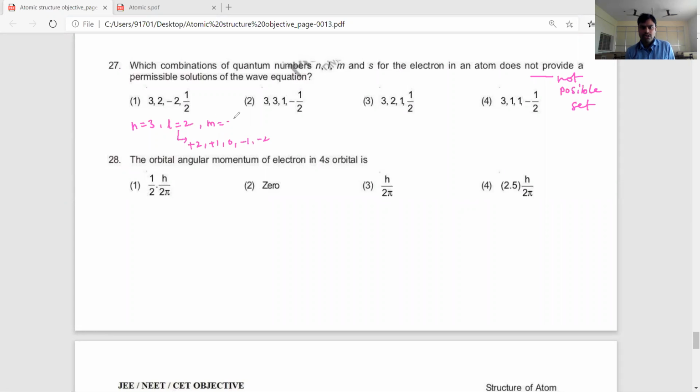So minus 2 is also possible, and the spin plus half is possible. But in the second option, n is equal to 3 and l is also equal to 3. The n value must be more than l, but here they are equal. n equal to l is not possible. That's why the answer is the second option.